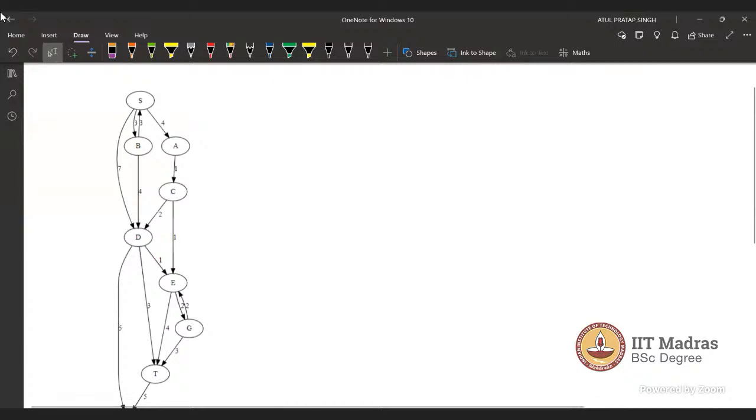So this is the given graph. Same thing, we will start from the S node. Now it is 0 and the others are infinite. Okay.